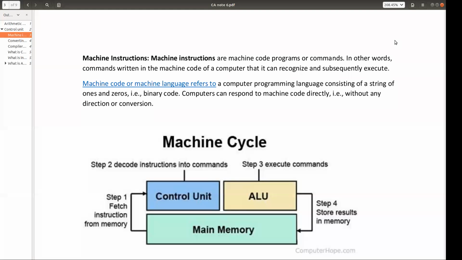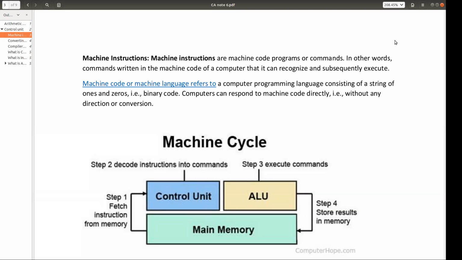Now if I come to the machine instruction, what is machine instruction? Machine instructions are basically some programs or commands written in machine code, which is understandable by the computer. For example, binary code.